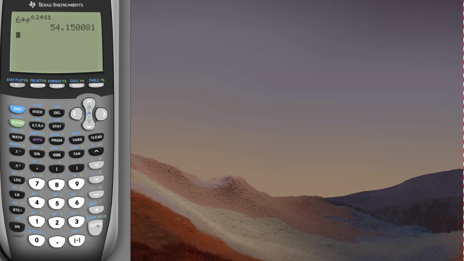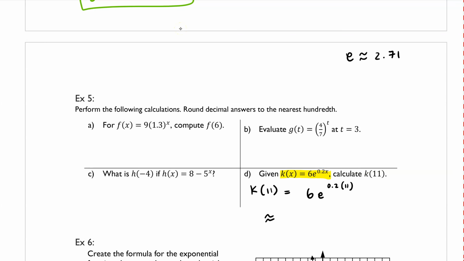So it gives us 54.15. So I'm going to go back to our notes. And so we will round that to 54.15. And then let me just give you the answers for the other ones. So those are the answers for the other ones. If you are not able to figure out how to get those, please make sure to ask your instructor.